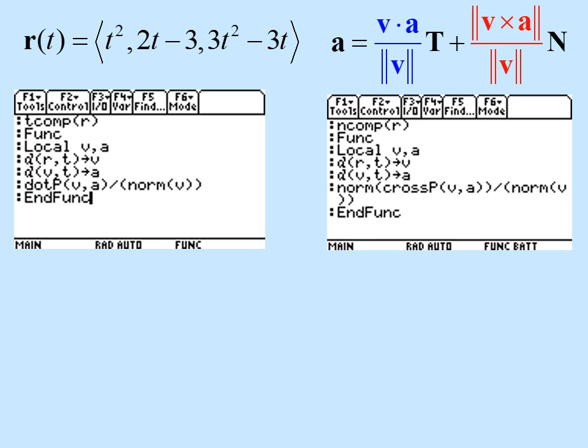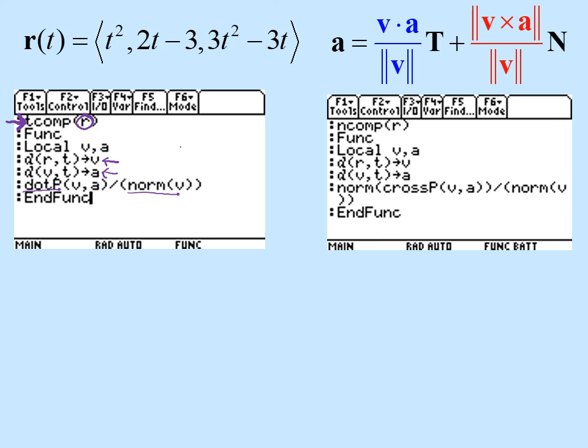Of course, we have the other option of programming the two formulas into our calculator. So here in the first one, which I've called T comp for tangential component, we take the position function r, do its derivative to get v, do the derivative of that to get a, do the dot product divided by the magnitude, and that's all there is to the formula.